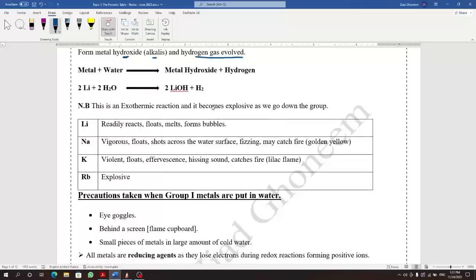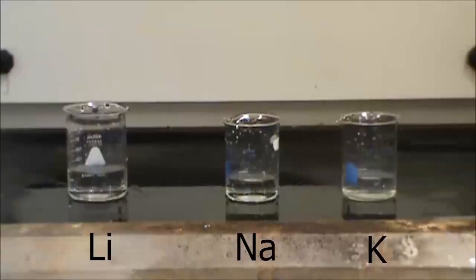These reactions are exothermic, meaning that they release energy. So if you are performing this reaction in a beaker, the beaker will be getting hot, right? And these reactions become explosive as we go down the group because the reactivity of the metals increases, as we will see. For example, here we have lithium. It readily reacts.